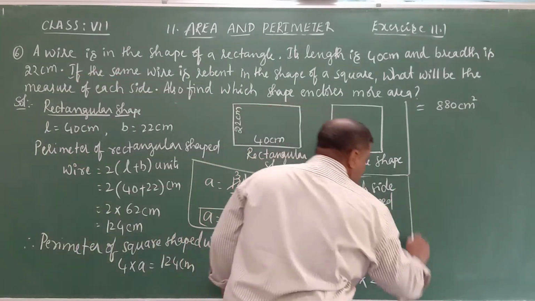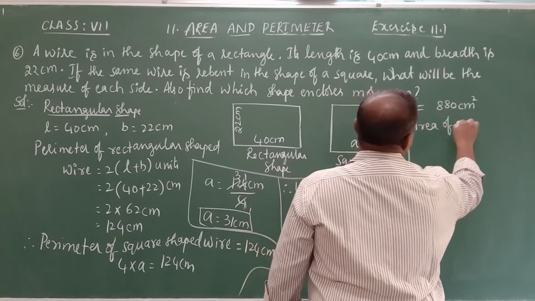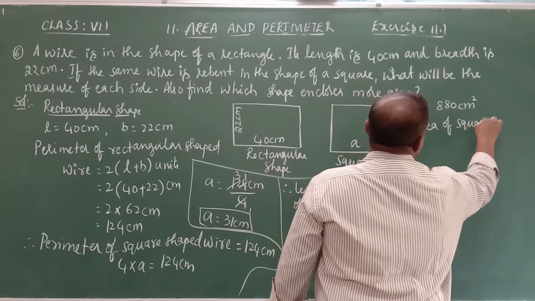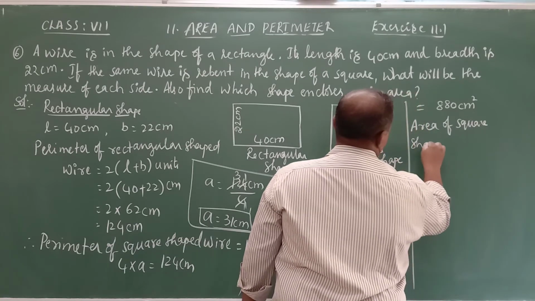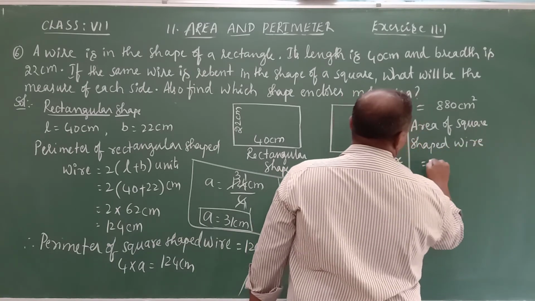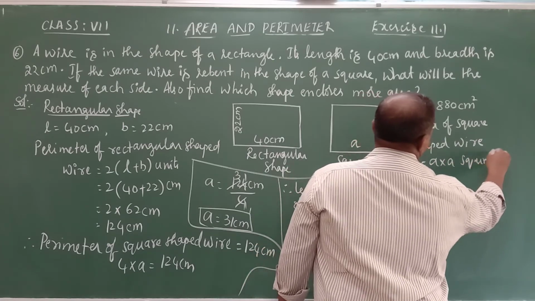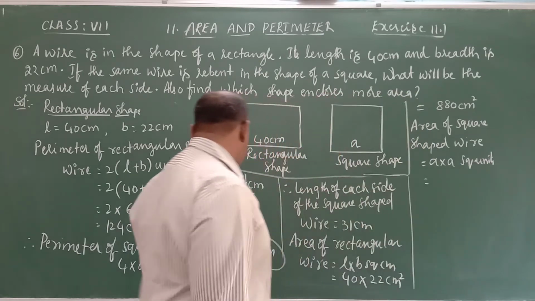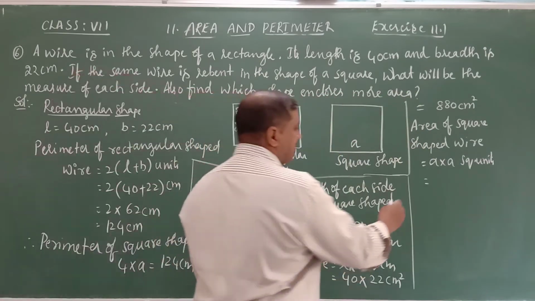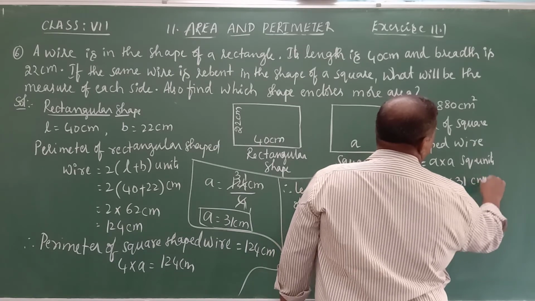Now the area of the square-shaped wire is A into A square units. A is 31 centimeters, so it is 31 into 31 centimeter square.